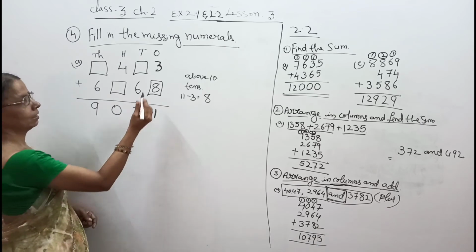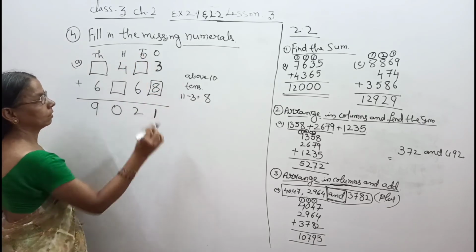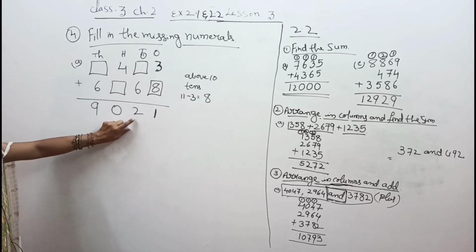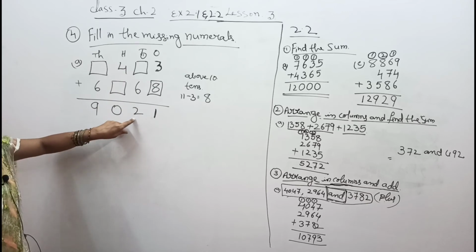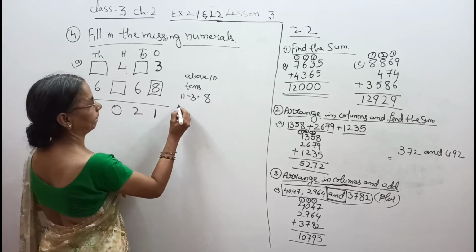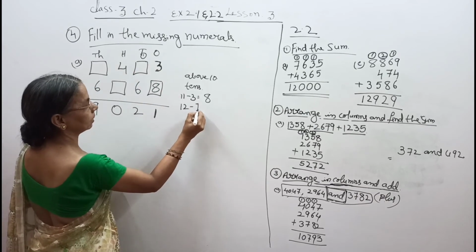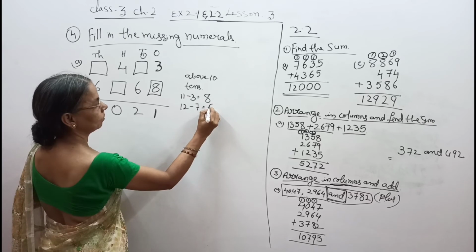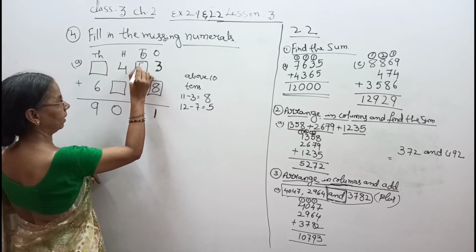Now we have to add 3 plus 8, it is 11, 1 carry forward. Then here it is 12, 2. Here 1 and 6 is 7, again we have to assume it as 12. 12 minus 7, it is 5. Here it comes 5.